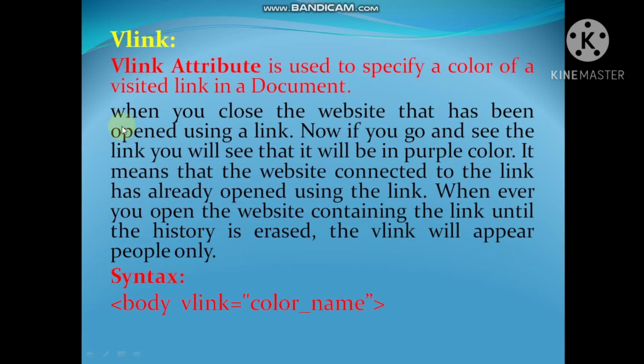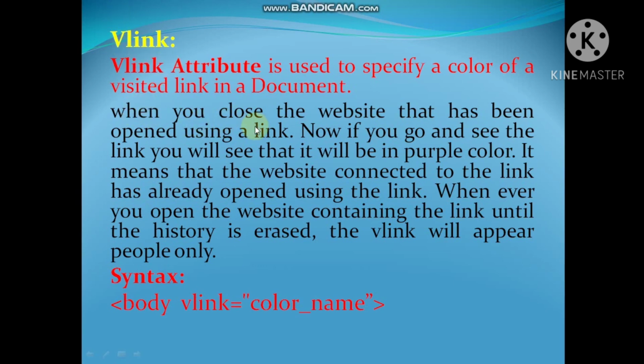Next one is vlink. The vlink attribute is used to specify a color of a visited link in the document. After one time you visit, second time again, if you have not cleared the browser, then second time if you again go to visit the same web page, then whatever color is displayed, that is given here in vlink color.